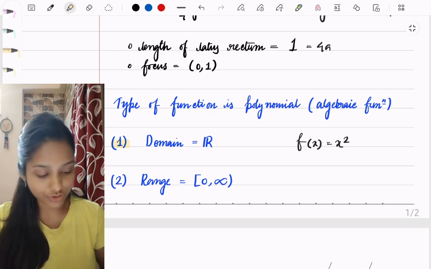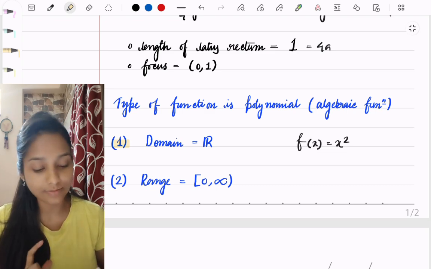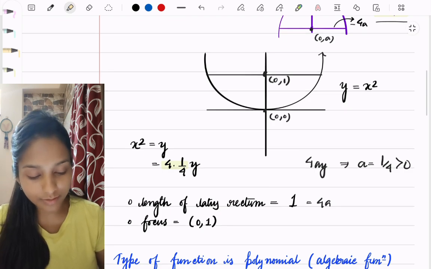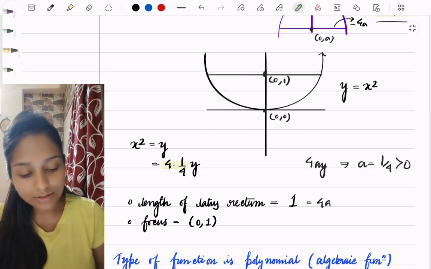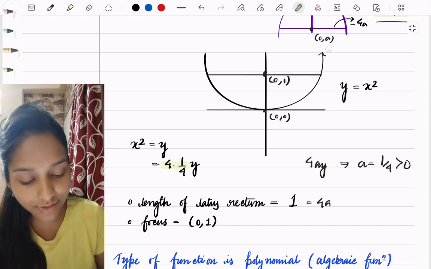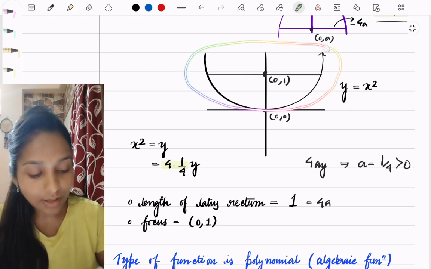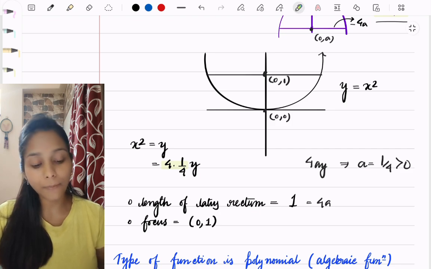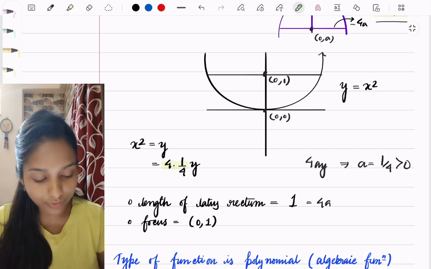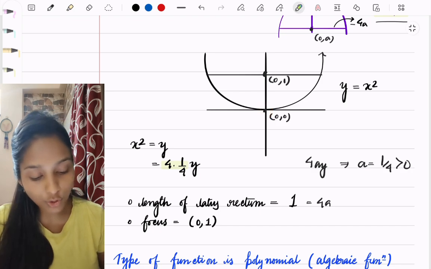Next is the range. Now this part becomes different, because from the graph here, we can see that the parabola, or the function, is restricted to the upper part of the y-axis. So it must be, and it can be 0 because here we have the point 0.